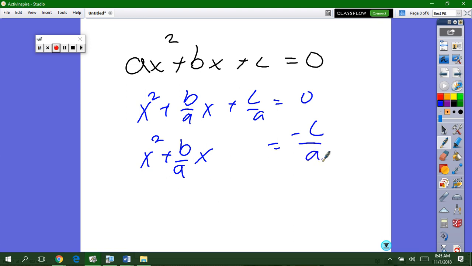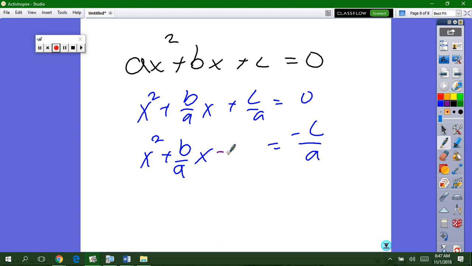Okay. So once again, half of this guy is b over 2a. And so remember, what would I do with that? B over 2a, I would square him to get to this third thing. If you really think about it, I'm just telling you how to do every single problem. Take this term, cut him in half, square it.